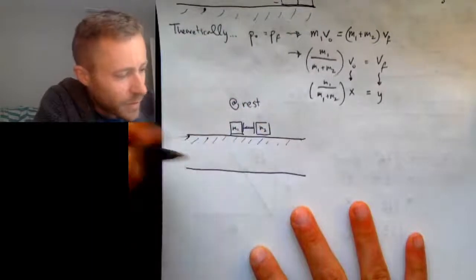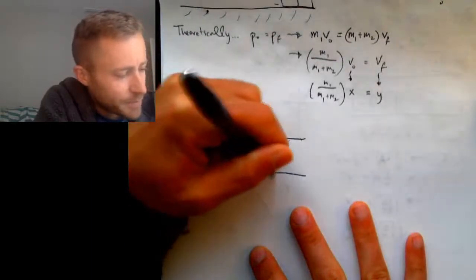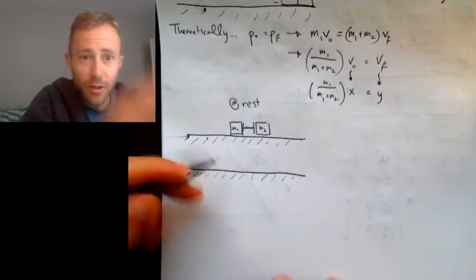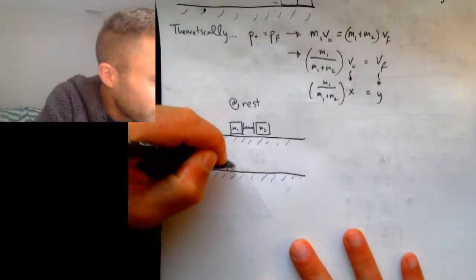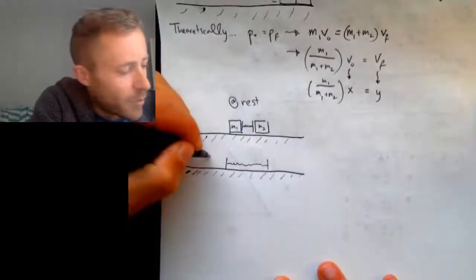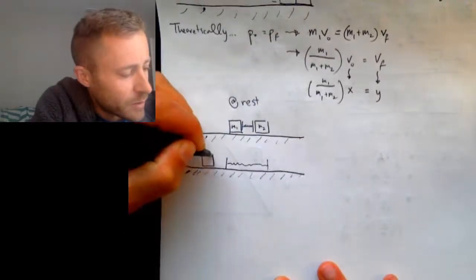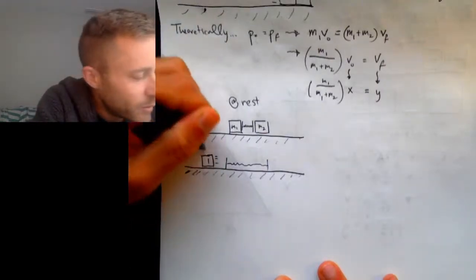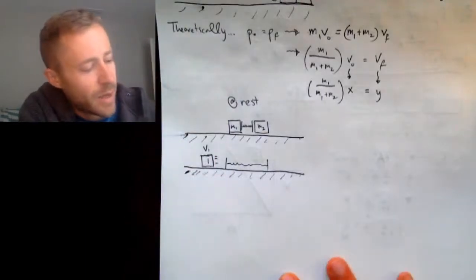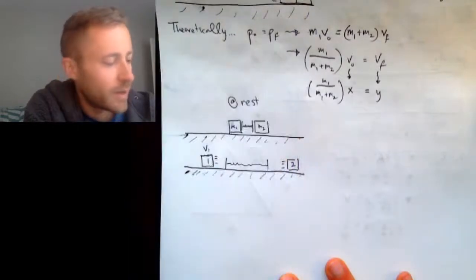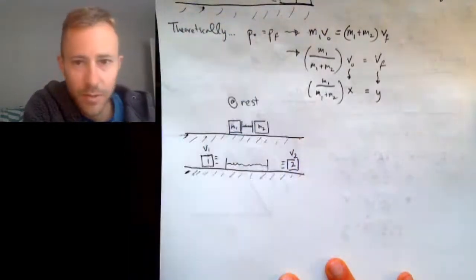And so at some later time, you let the spring do its thing. The spring decompresses, and M1 gets launched this way, and let's say it has a speed V1, and then M2 gets launched this way, and it has a speed V2.